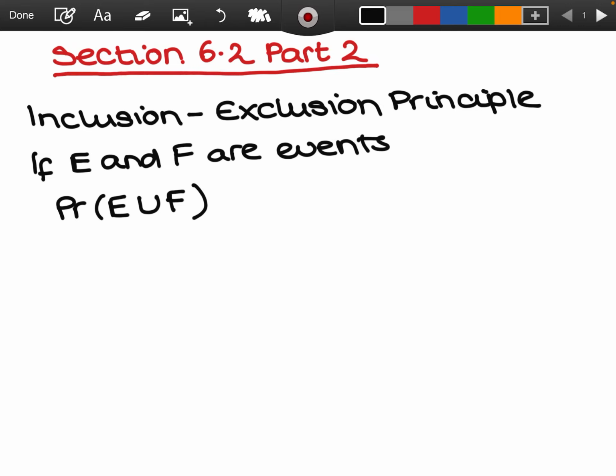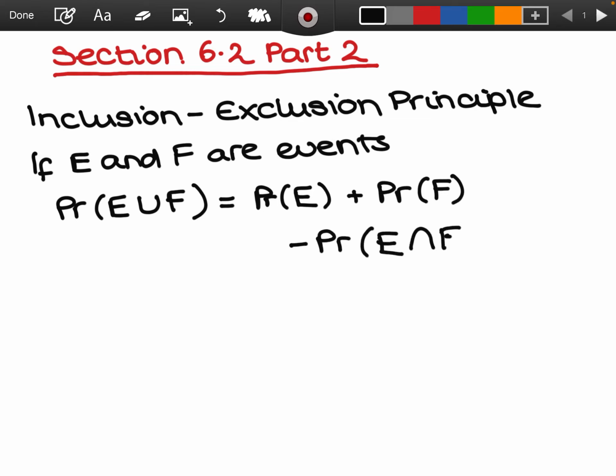So it's any outcome that you see occur in either one of those two events. The probability of that new event, E union F happening, is equal to the probability of the event E happening plus the probability of the event F happening, but then we subtract the probability of the event E intersect F happening.